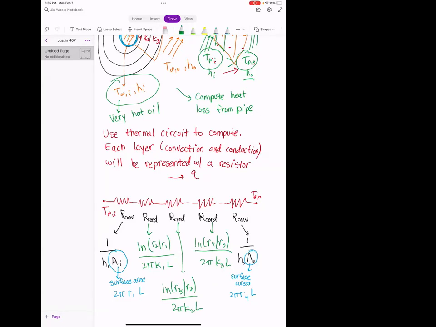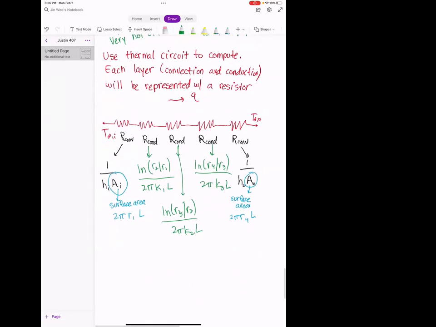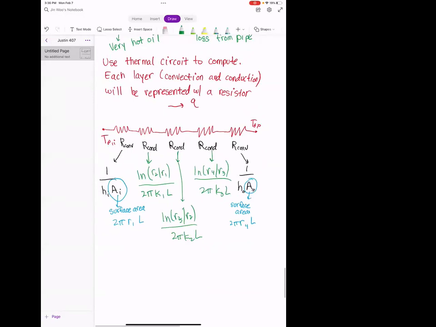Presumably, if you have all of these parameters, all the radii, all the thermal conductivities, and the convection coefficients, you can just plug in and solve for numbers for all of these terms. And then all you have to do, since we're interested in the heat loss, is use our circuit.